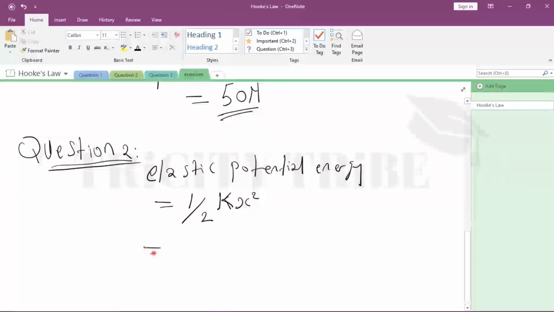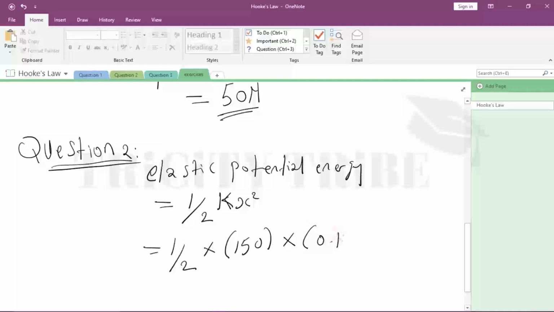So we have 1/2 multiplied by 150 multiplied by 0.1 raised to power 2 equals what?